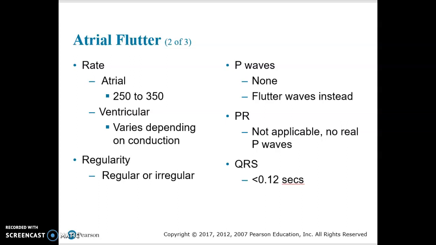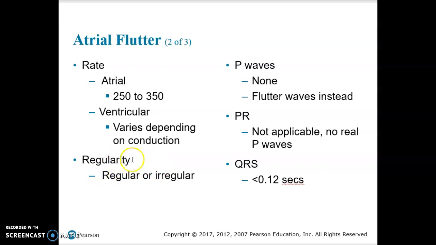When we talk about the regularity of it, let's go back to the regularity here. I'm going to talk about that for a minute. We have a regular rhythm if the conduction ratio is constant, and an irregular rhythm if the conduction ratio varies.